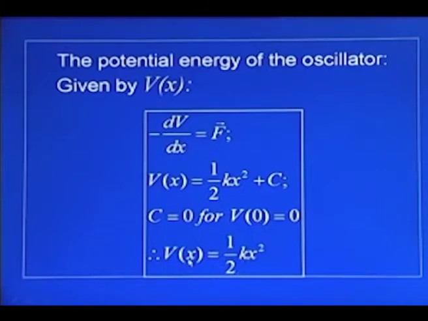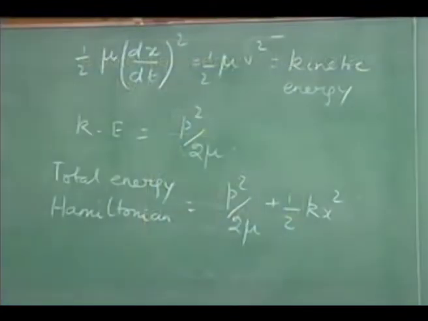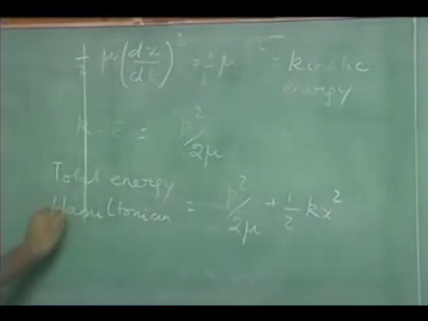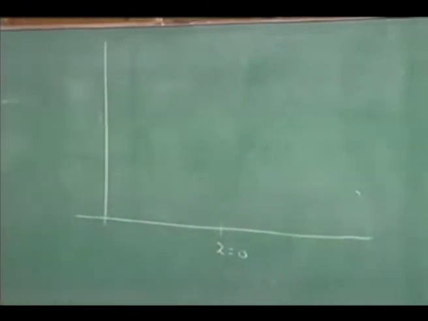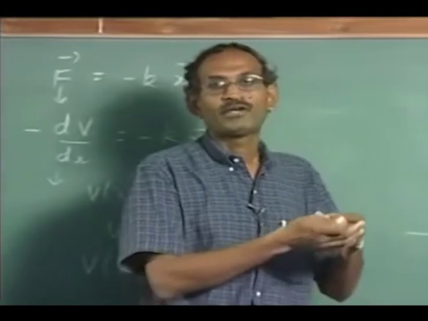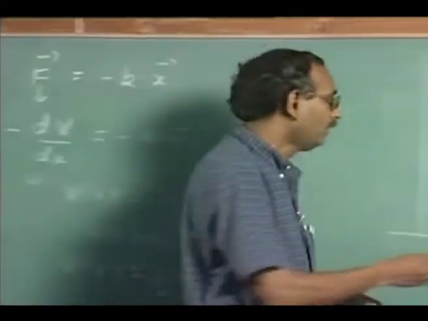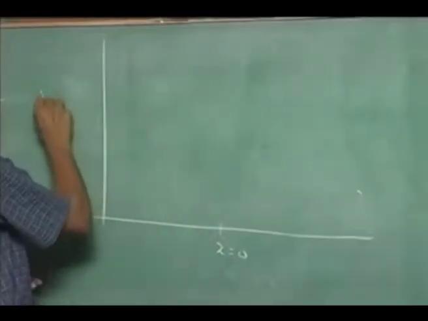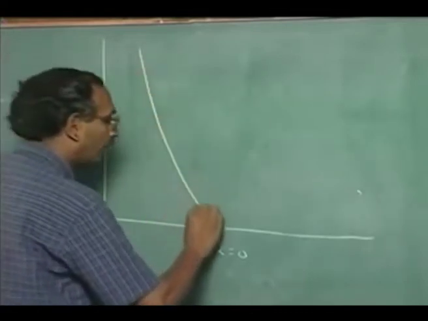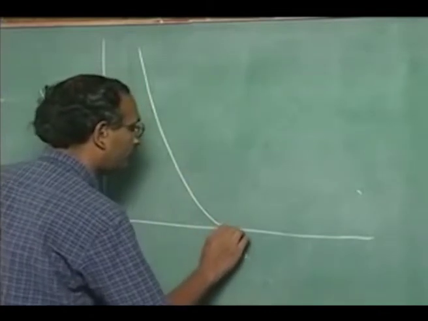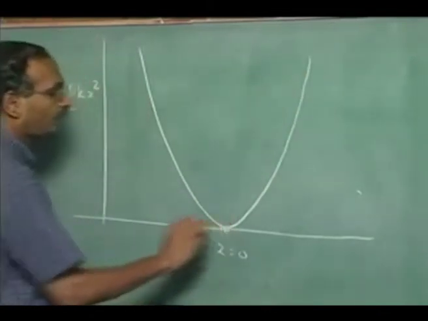If you plot the potential energy as a function of x, what you have is a parabola. x can be both negative and positive, because if you choose one direction as the positive direction, the opposite direction is obviously the negative direction. The potential energy V is equal to half kx square is a parabola, if this is the 0 value.